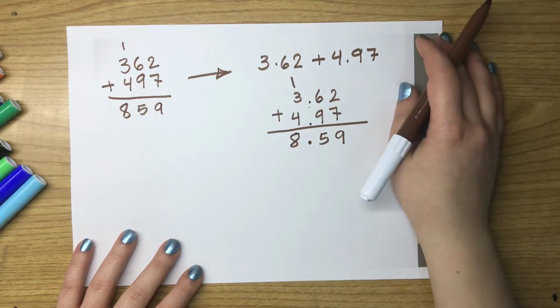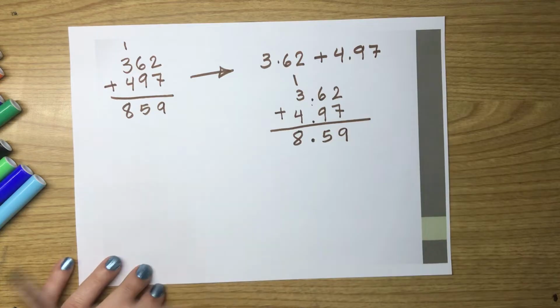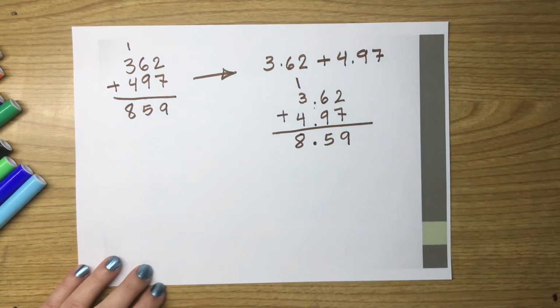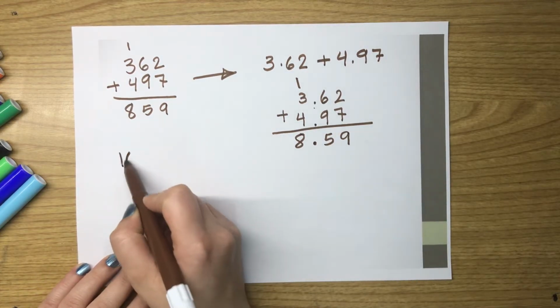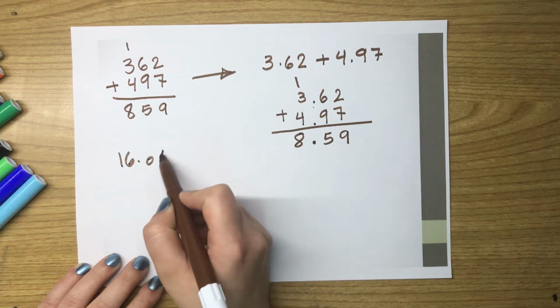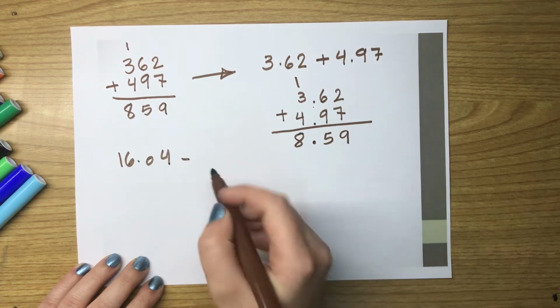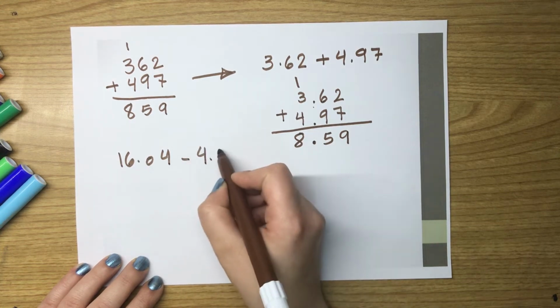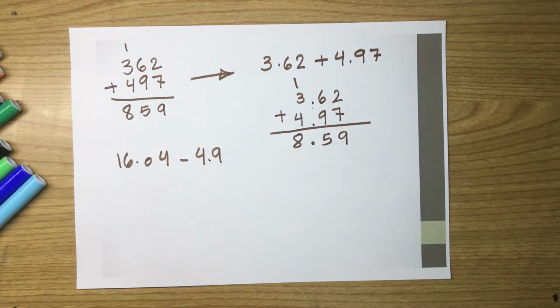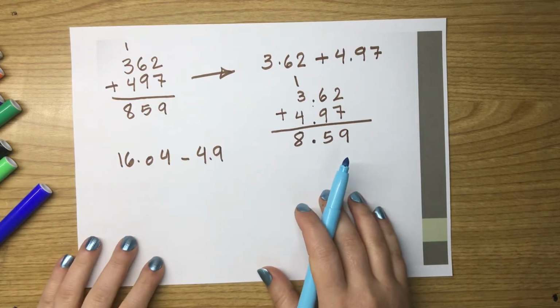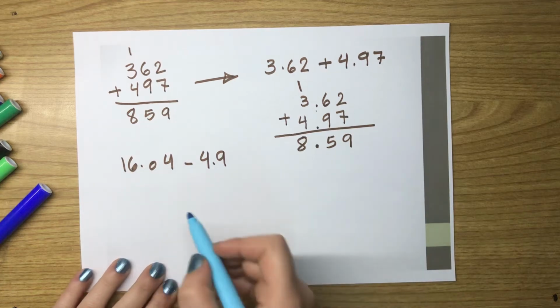Let's take a subtraction example, such as find the difference between 16.04 take away 4.9. Okay, let's do it. First step, remember, keep points upon each other for these two numbers.